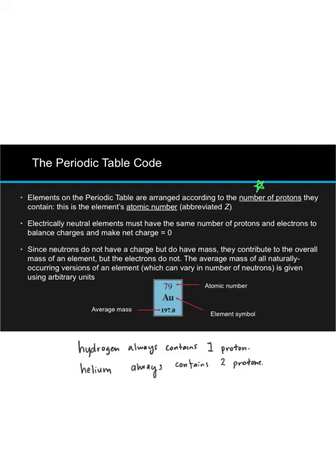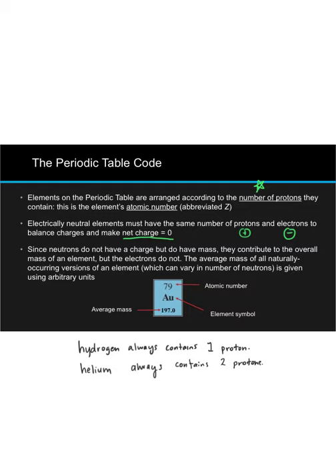Remember, protons are positively charged things, electrons are negatively charged things. If we have an equivalent number of protons and electrons, we have the same number of positive charges as negative charges, and those charges cancel each other out, making a net charge equal to 0. By default, all elements listed on the periodic table are assumed electrically neutral.